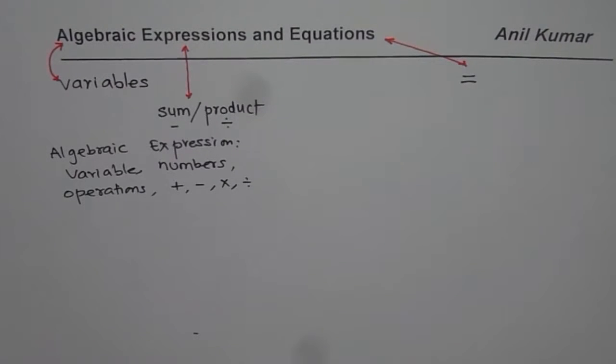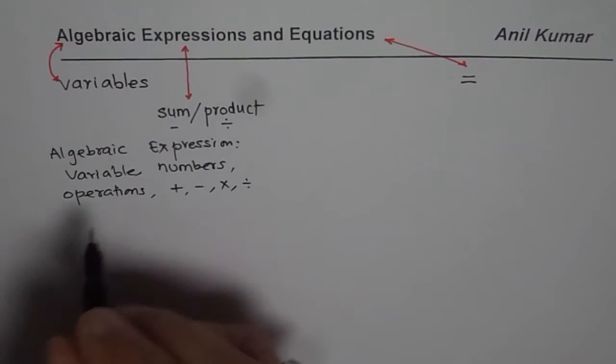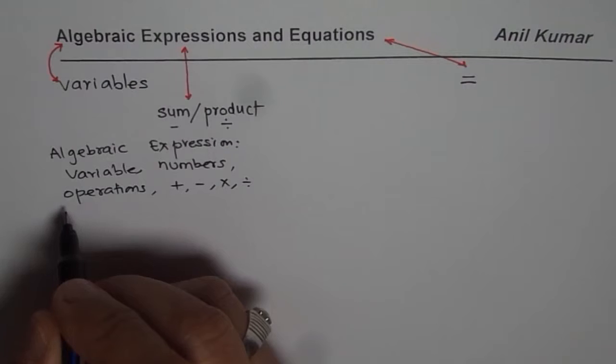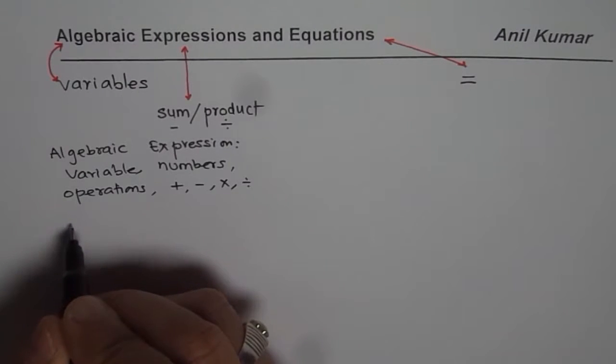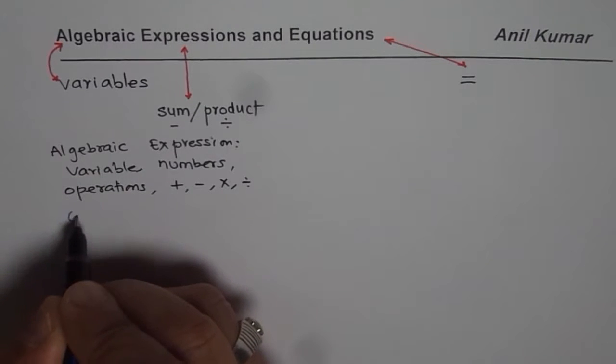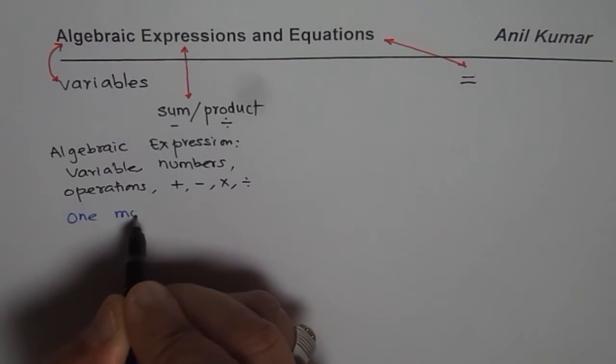Now how do you create an expression? To create an expression, we can have an open statement. For example, twice a number plus 1, or one more than a number.